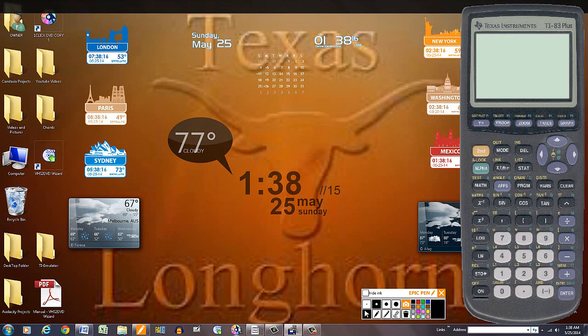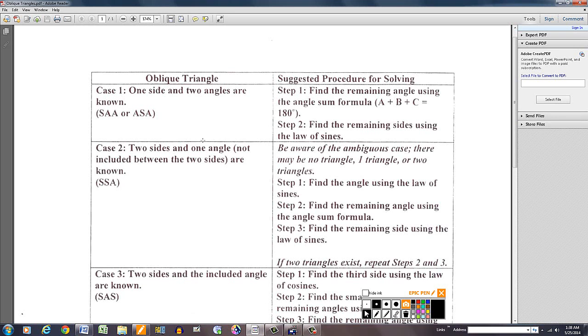I also went over this file for oblique triangles. You had case 1, basically where you were given two angles and a side. It could be denoted by side angle angle or angle side angle. And I mentioned then that this was pretty straightforward.